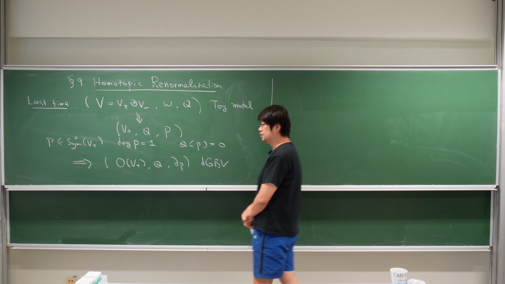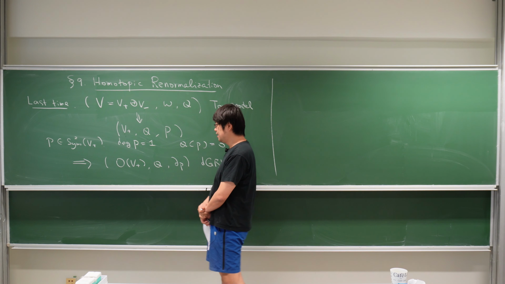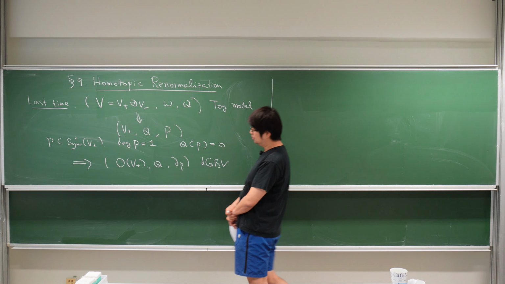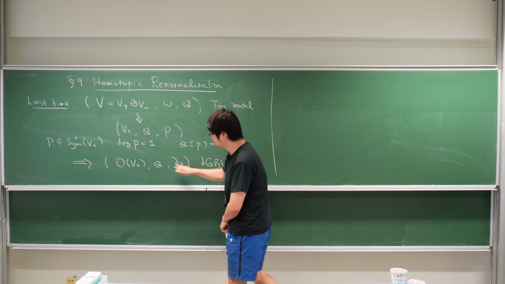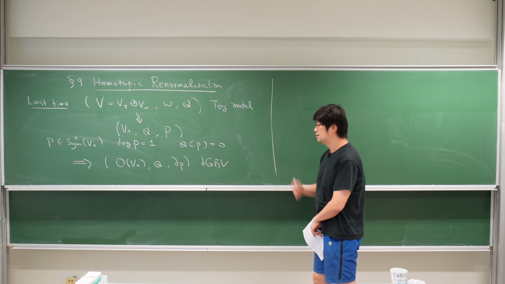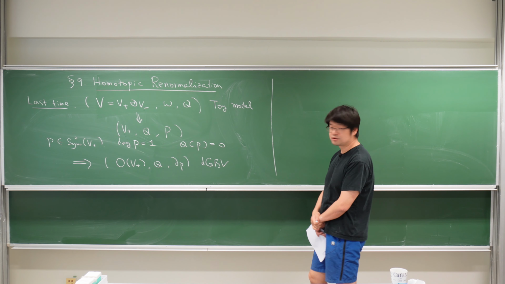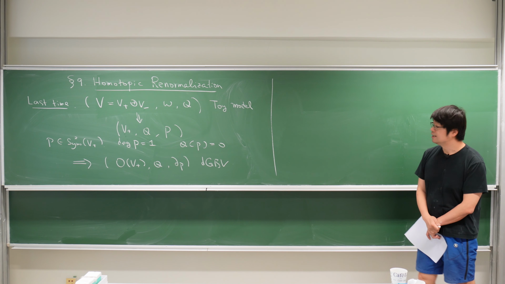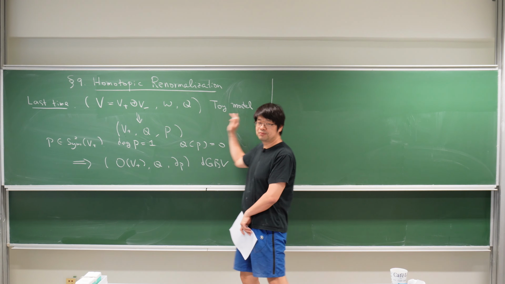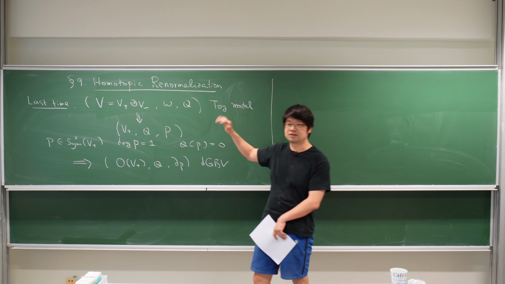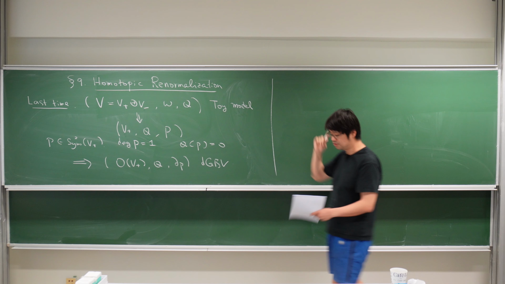So this is a BV operator, and this is a differential. They are compatible, so they anti-commute, and all together they form a DGBV algebra. So this is what we did last time. I call this one the toy model, where we assume it's finite dimensional, so you can just do linear algebra.